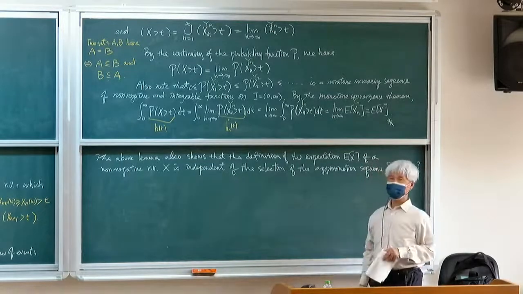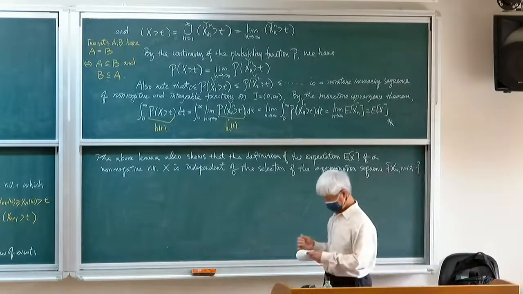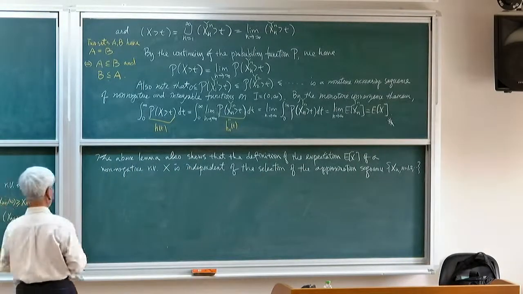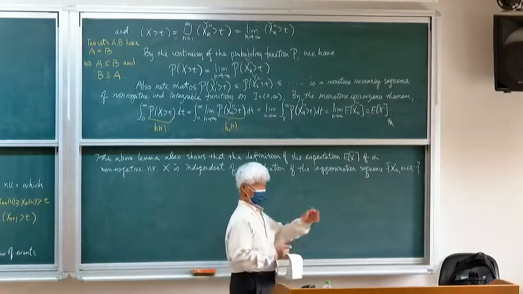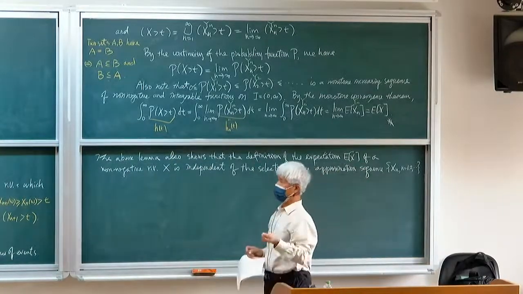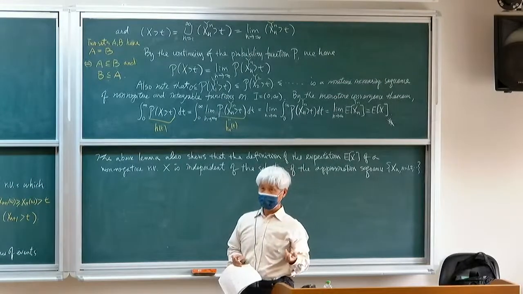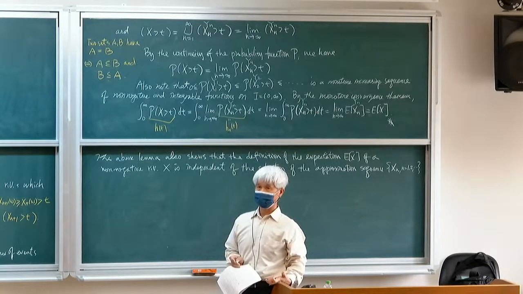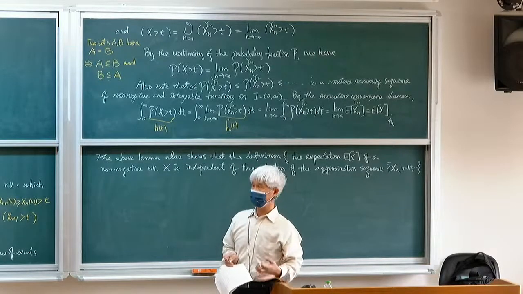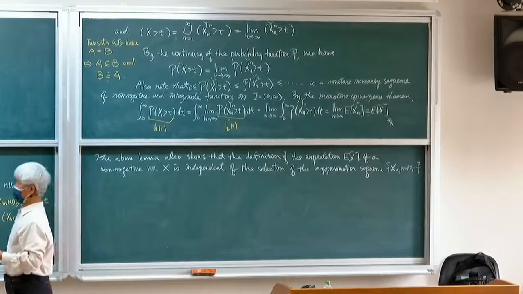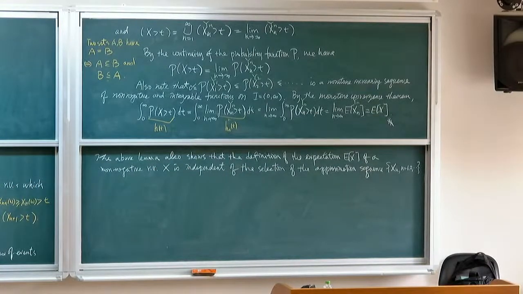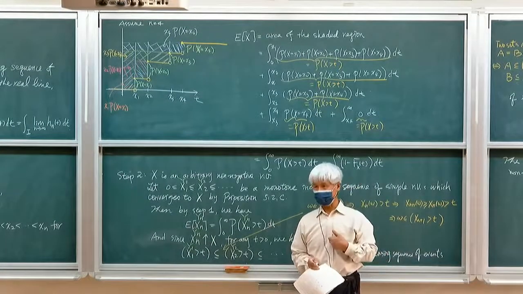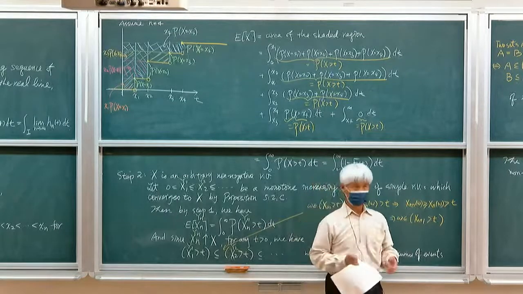So we have proved how to compute the expectation of a general non-negative random variable. This non-negative random variable X may be discrete or not discrete, continuous or not continuous. That's arbitrary.